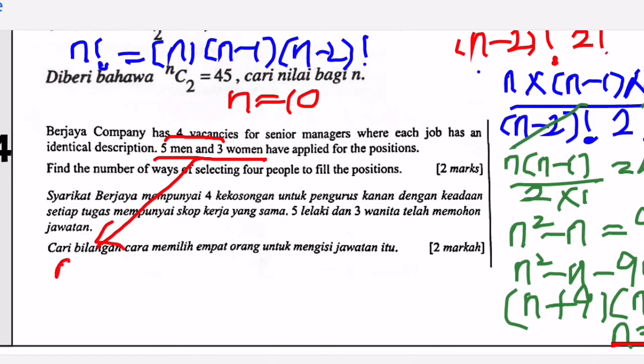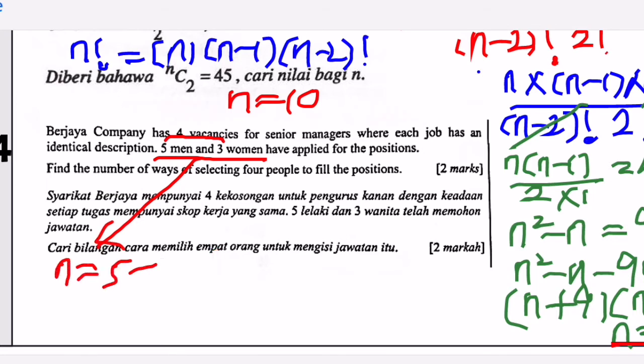Okay, let's read the question. Berjaya Company has 4 vacancies for senior manager, where each job has an identical description. We have 5 men and 3 women who have applied for the position. That means n will be 5 plus 3. Out of the 8 persons, we are going to choose 4. It's very simple.